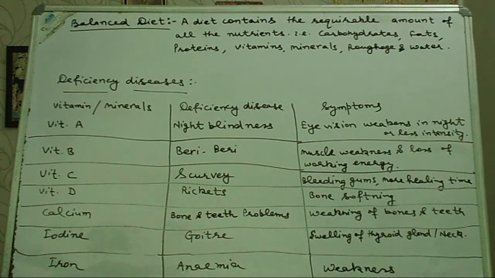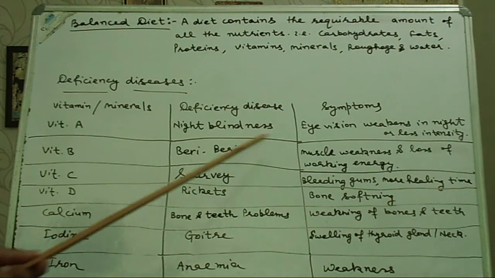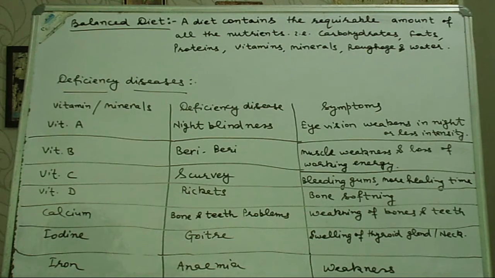Night blindness means we cannot properly see in the night, as well as when there is less intensity of light. In the evening time or after 5 or 6 p.m. we cannot even see properly, and that is considered night blindness. That is only due to deficiency of vitamin A. Palak is a good source of vitamin A.